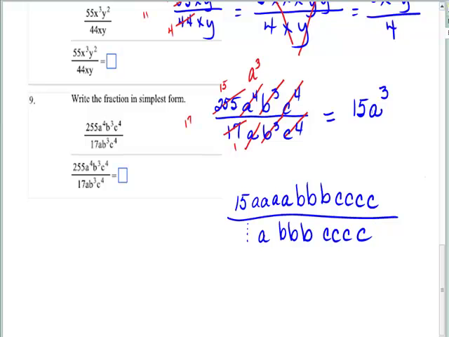Now you'll see that we probably didn't need to do this. These b's are gone, and one of the a's. What does that leave you with? 15 a to the third.